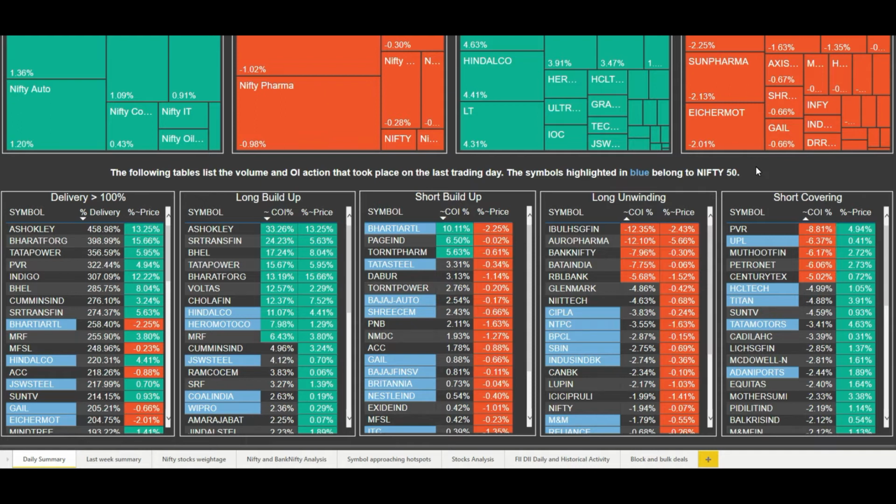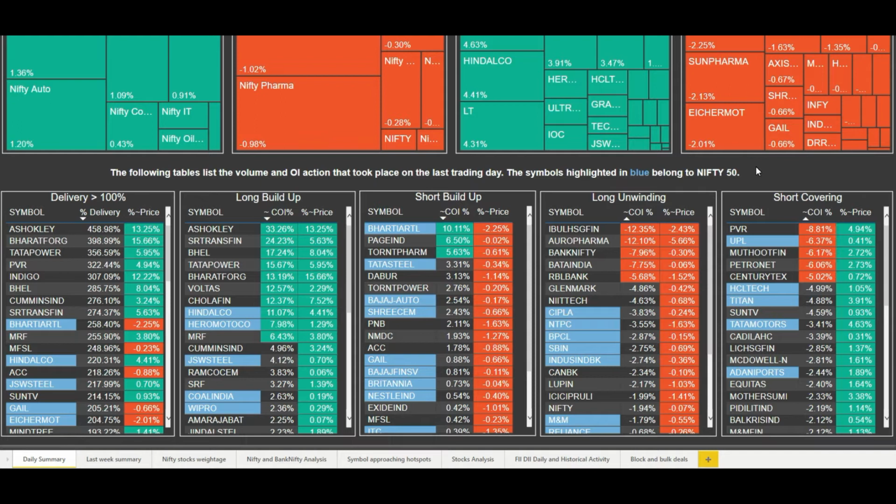So what does it mean? It tells you how much delivery was done today and whether that delivery was greater than 100% or not. Now what do we mean by 100%? It must be compared to some number, that's why we have calculated it as a percentage.